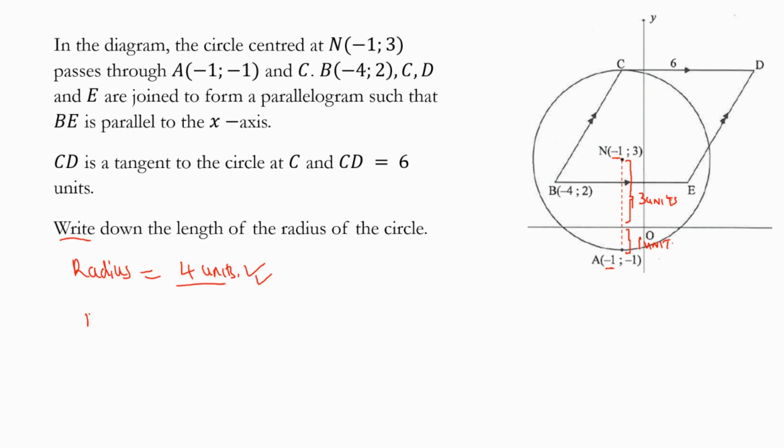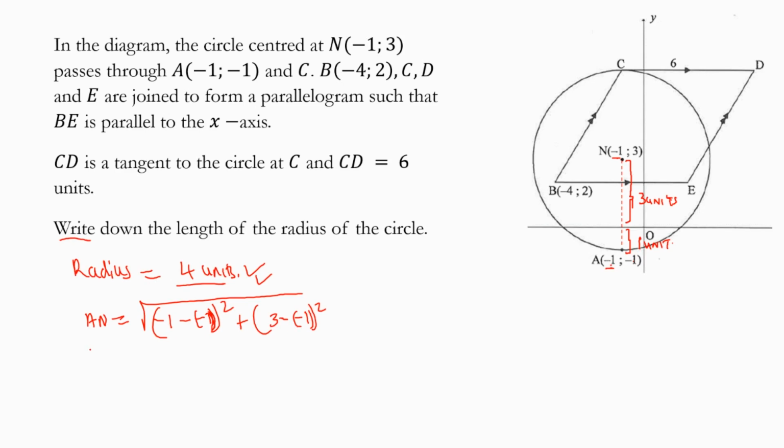I can say AN is equal to the square root of the x coordinate of N, which is -1, minus the x coordinate of A, which is -1, then squared, plus the y coordinate of N, which is 3, minus the y coordinate of A, which is -1, squared.